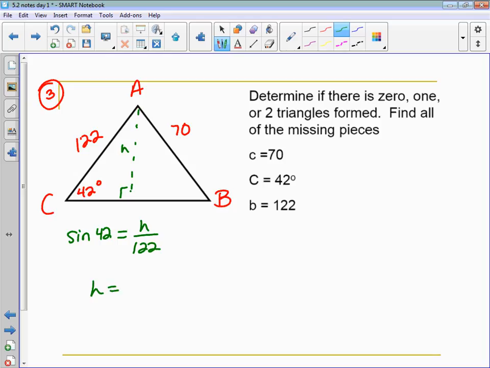Tell me what you get for your height. 81.6. 122 times sine of 42.